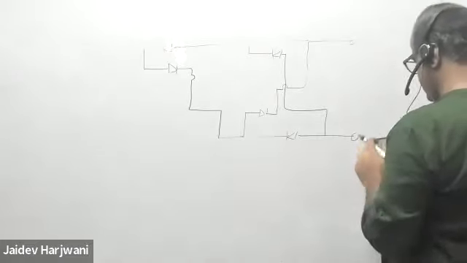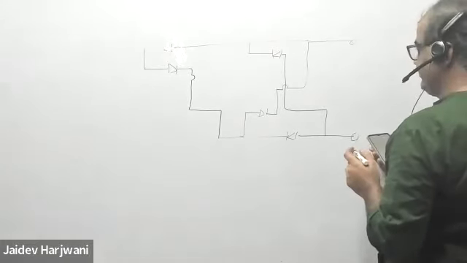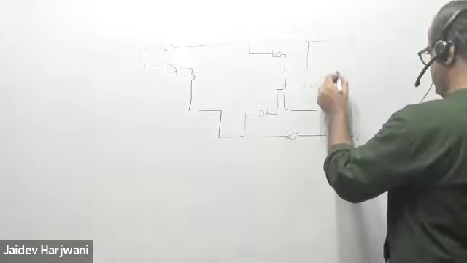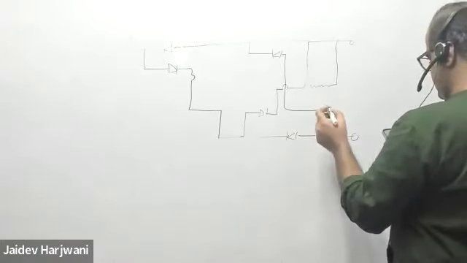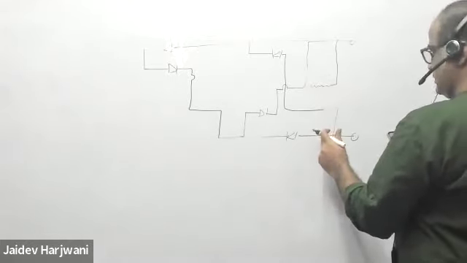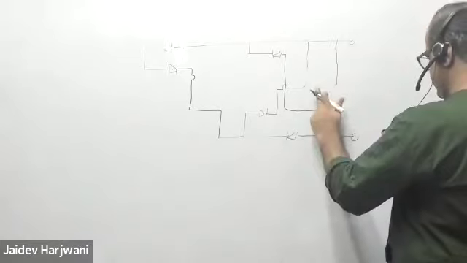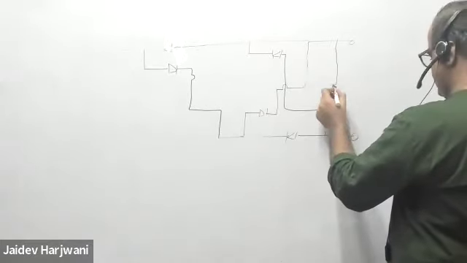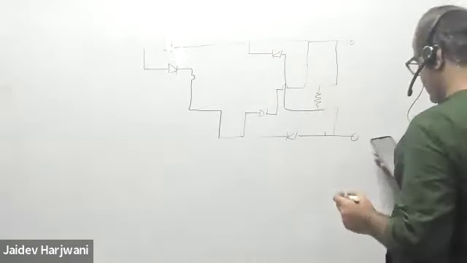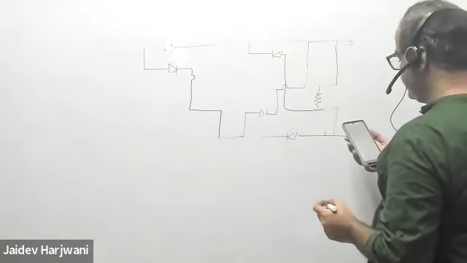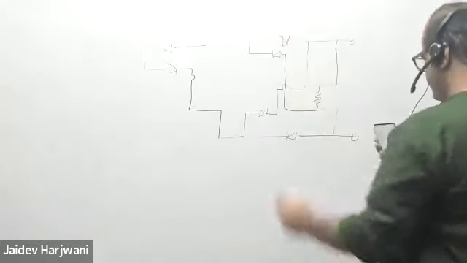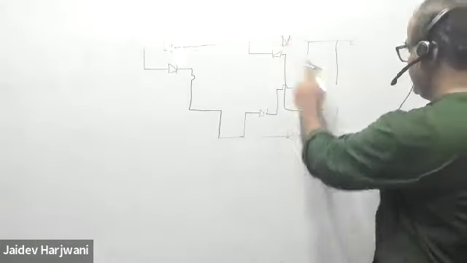Okay. And this is here. चेक करो कोई मिस्टेक है क्या यहाँ पर? एक डायोड is here. This is correct. This diode is here. So up to here it is correct.